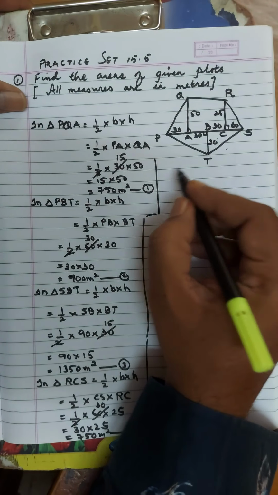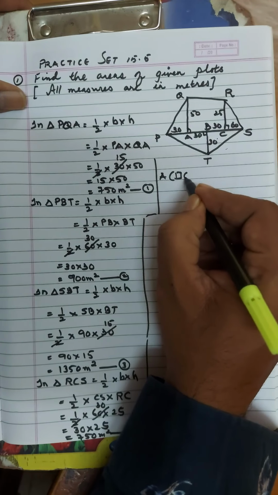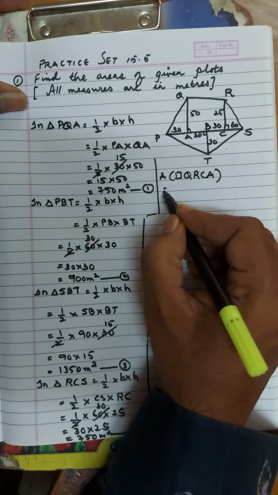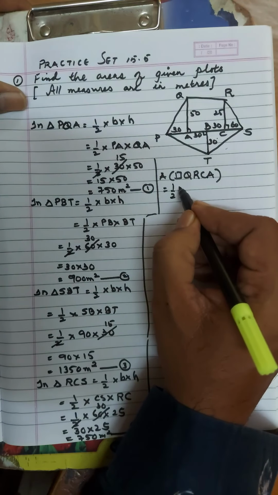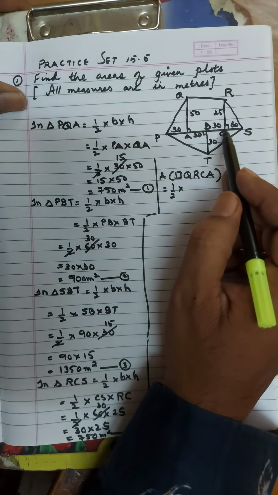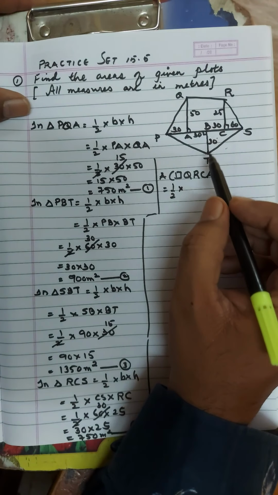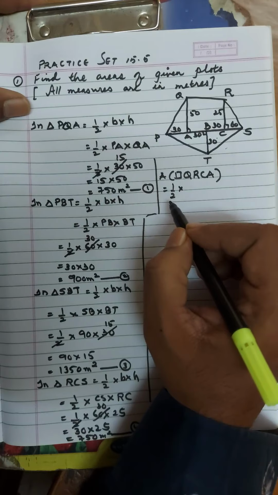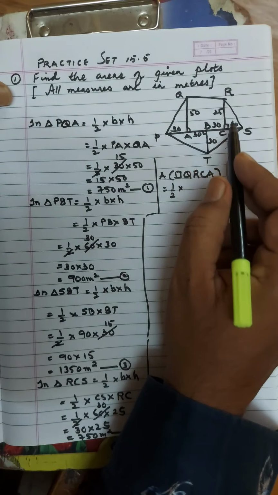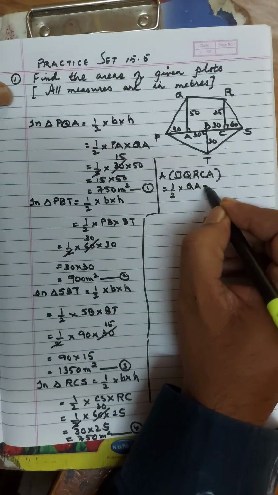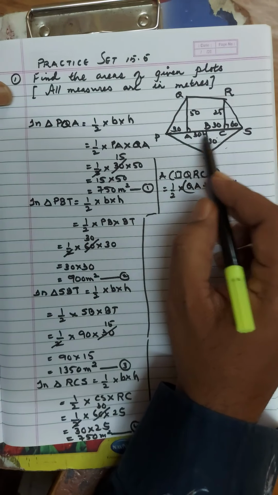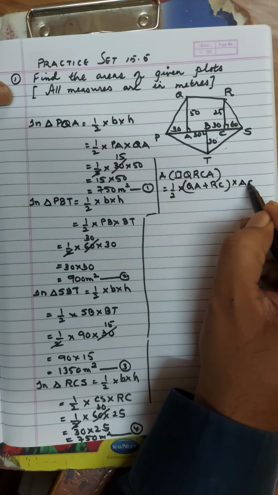So we need to take out the area of quadrilateral QRCA. It's like a trapezium, so 1/2 into the sum of the parallel sides into height. The parallel sides are QA and RC, so we take QA plus RC, multiplied by AC.